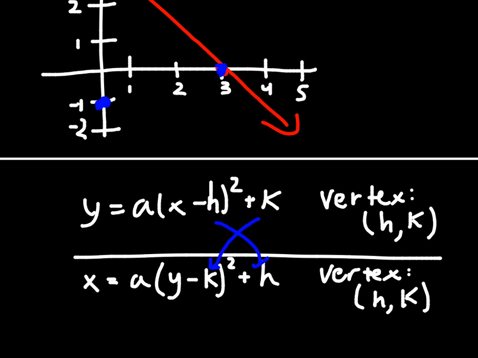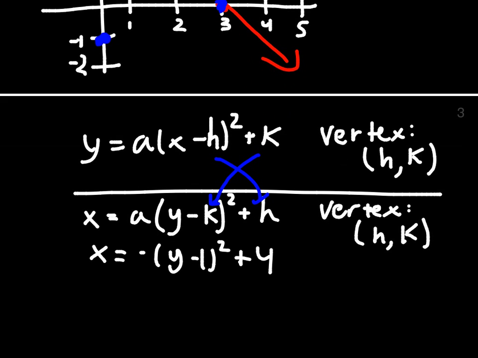Remember, our equation is 4 minus the quantity of y minus 1 squared, so we're going to rewrite it as negative the quantity y minus 1 squared plus 4. So you can see that our vertex is going to be 4, negative 1.